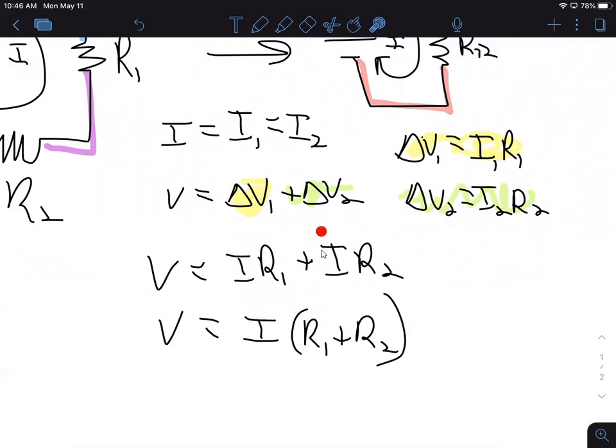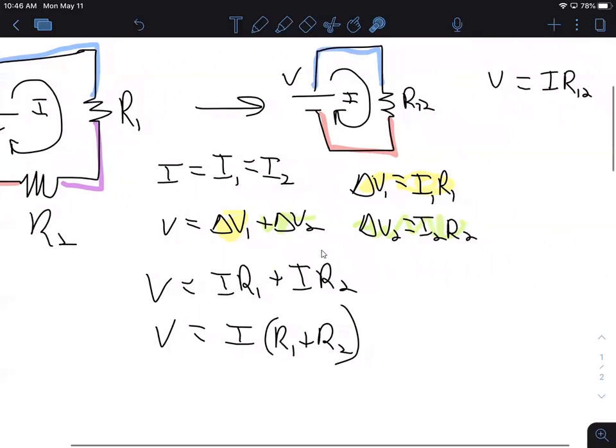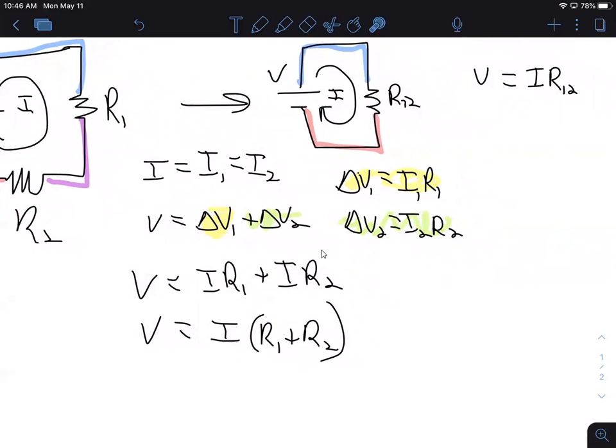All right, so these are the same thing. I've just taken the I out. And I'll notice V equals I(R1 plus R2), and I said here V equals I R12. Well, these are both equal to V from the battery.